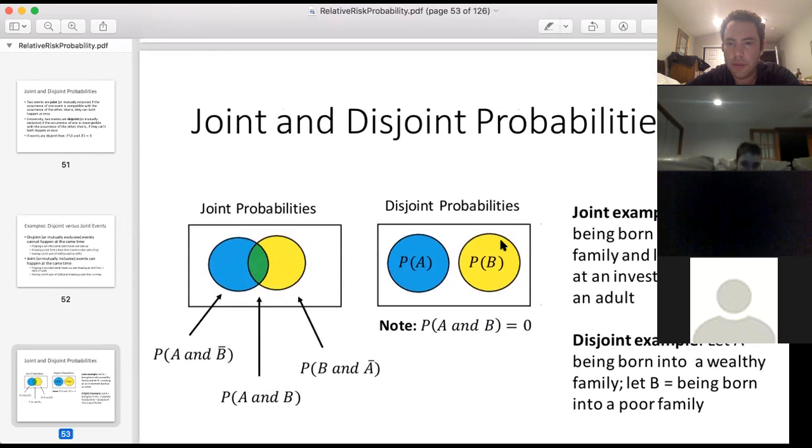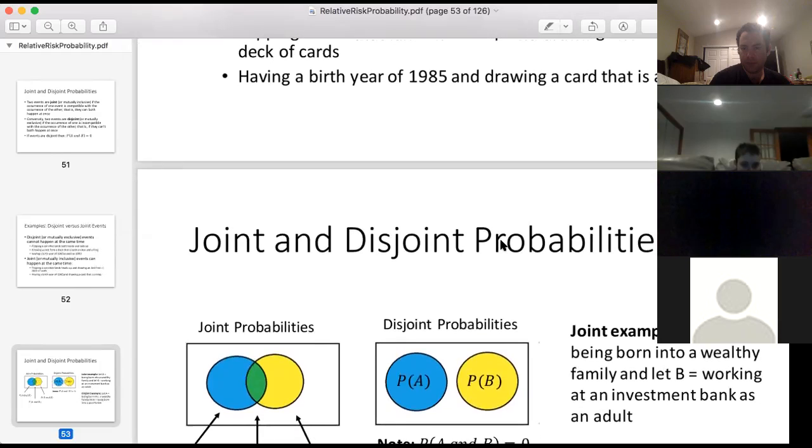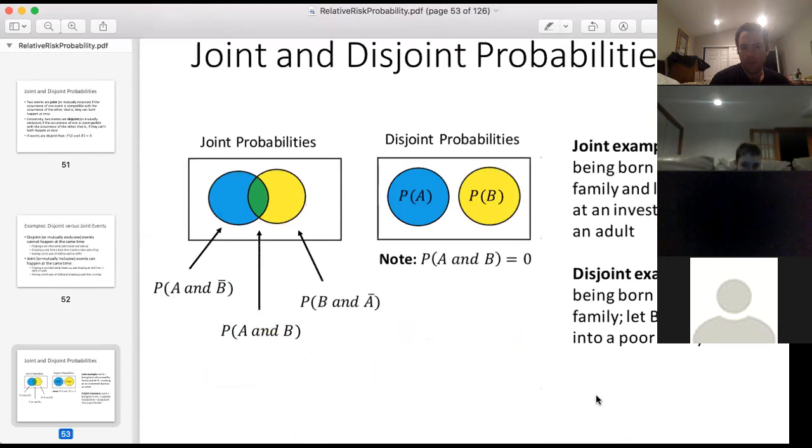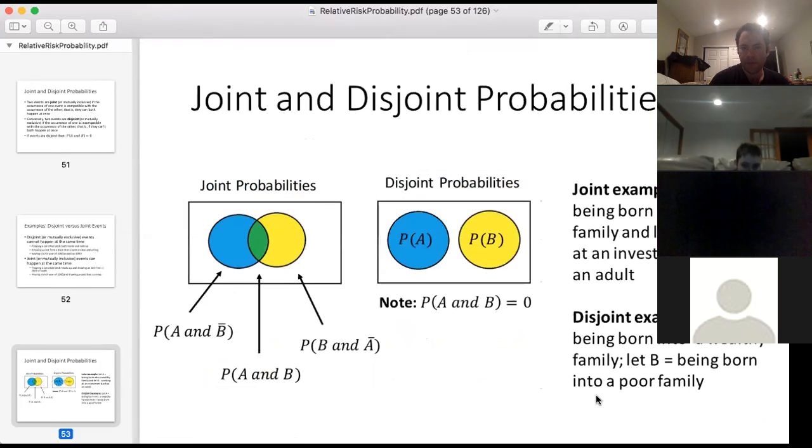Can it be both, disjoint and joint? No, it would have to be either disjoint or joint. You can't have an example where it's both. To give an example, like we said earlier, a coin flip would be disjoint. An example of a joint example is being born into a wealthy family and working as an investment banker. That's a joint probability because you could have both occurring at the same time.